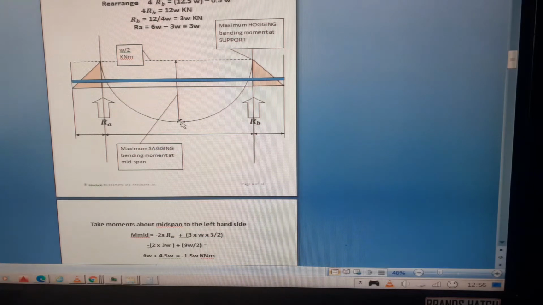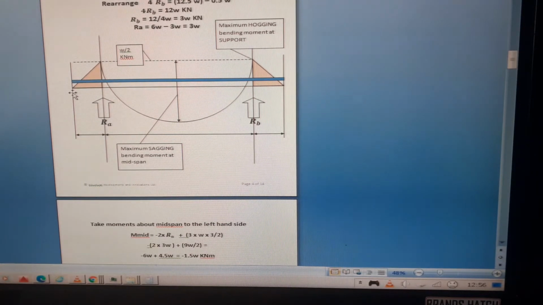But if you don't know it, you would just say working from the left hand, one of the ends, or you could just say I'm going to take sections about the middle of the beam to find out what the moment is in the middle, or take sections about any point until you find the maximum moment, and you would find that it's in the middle.